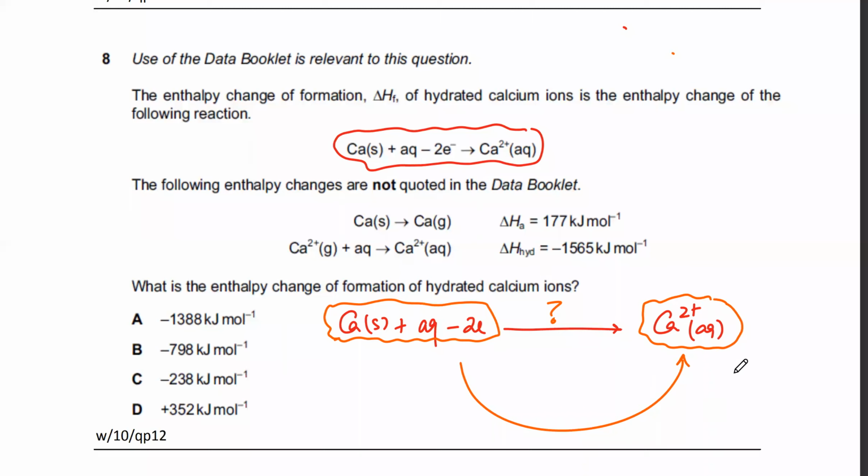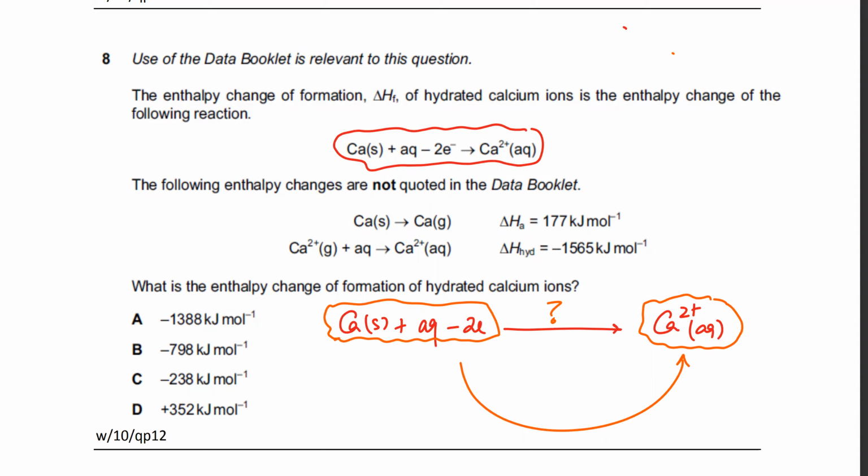Now, the two reactions given have known enthalpy changes. So I'm going to try and figure out the steps to make calcium 2 plus aqueous using this other path, which needs to be created.